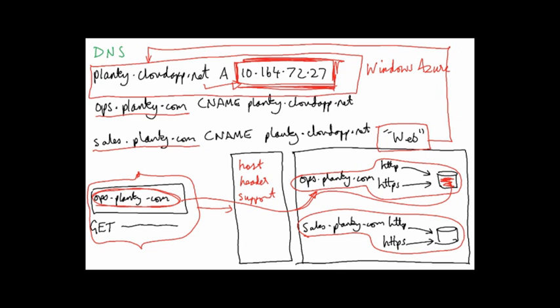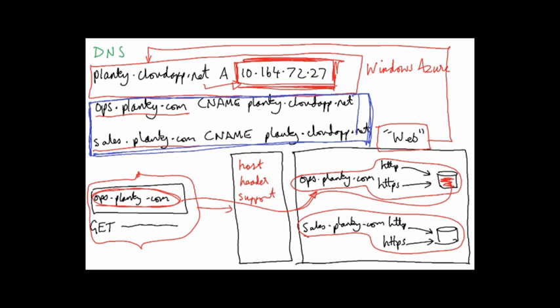And this one, let's do it in a different color, let's choose purple. This one, with the CNAME records, that one is managed by you at your favorite DNS provider. So wherever you do your DNS that's publicly available on the internet, that's where you create those CNAME records.